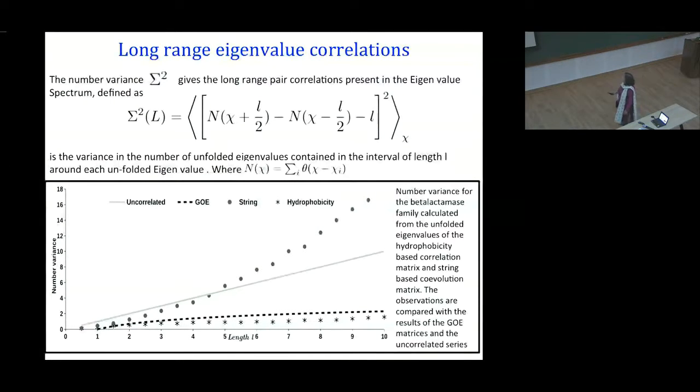Similarly, if you look at another statistic, that is number variance, you find that the string is more like an uncorrelated correlation matrix, whereas the property-based correlation matrix is more like the GOE.